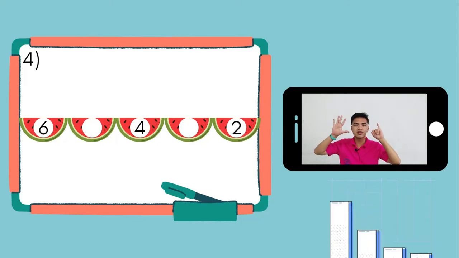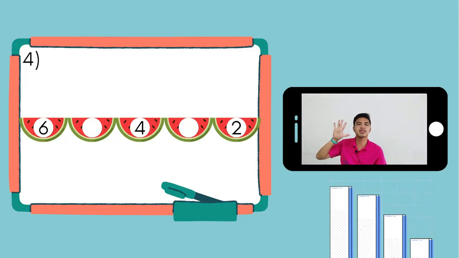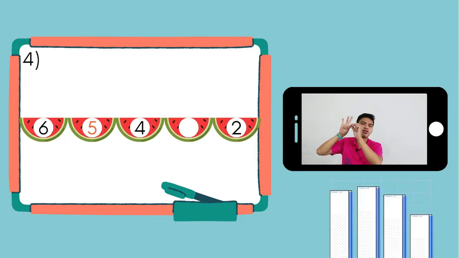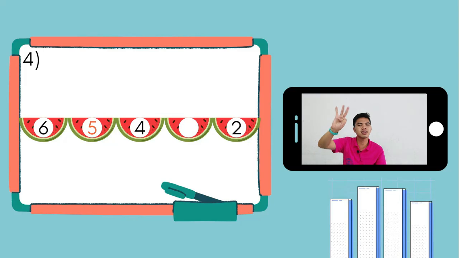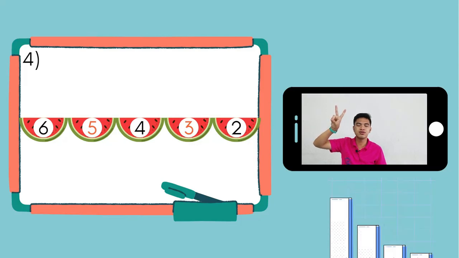So let's try to subtract. 6 minus 1 equals 5. So we're going to write 5 on it. And then it became 4. And then what do you think is the next number? Very good. We're just going to fold one finger and make it 3. So we're going to write 3 on it. So we have the series 6, 5, 4, 3, 2.